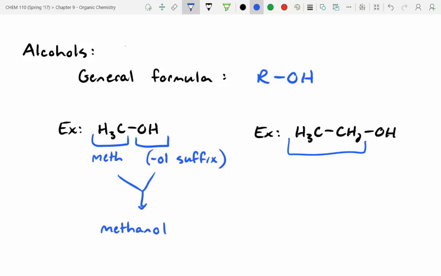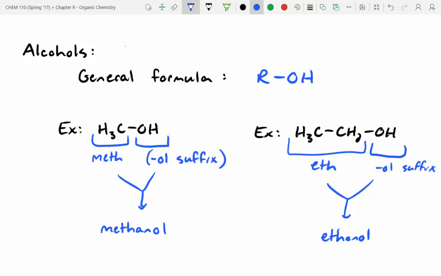So what would you call a 2 carbon chain? Eth, right? And then we said this would have your OL suffix. We combine these together, what do we get? Ethanol.